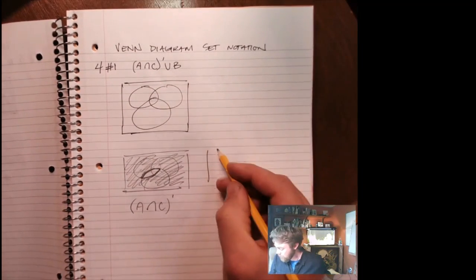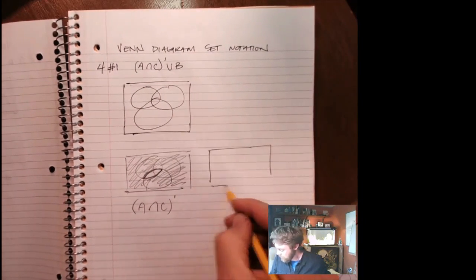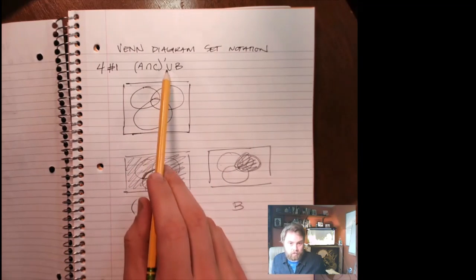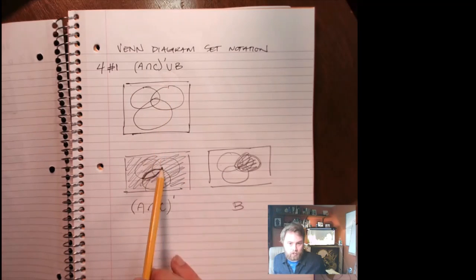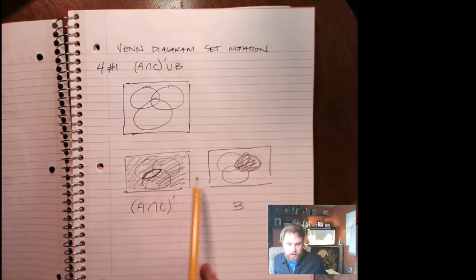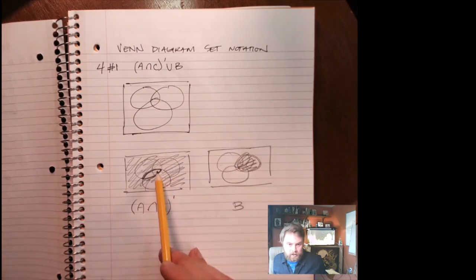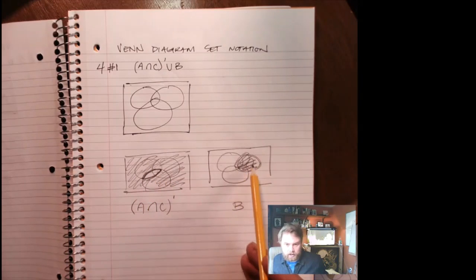Now, B, we're going to unite these now because of the U here. So when we unite these, we add this shaded space to that shaded space, and really the only extra piece that gets shaded is the very center piece here. It's already mostly shaded, but then we're going to add any additional shading from the B that wasn't already there.